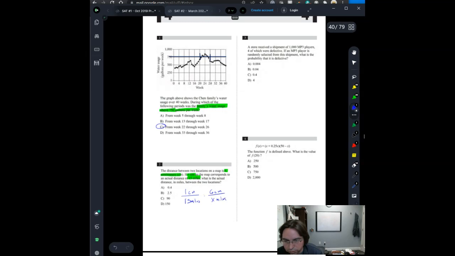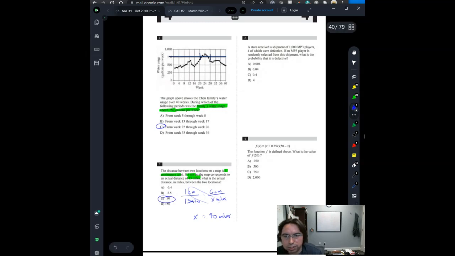So cross multiply and divide. We get 1 times x, which is x, and 6 times 15, which is 90. So 90 miles. The answer choice is C.